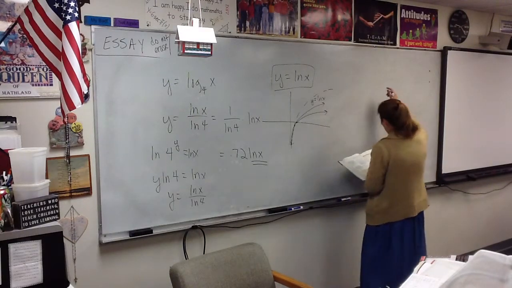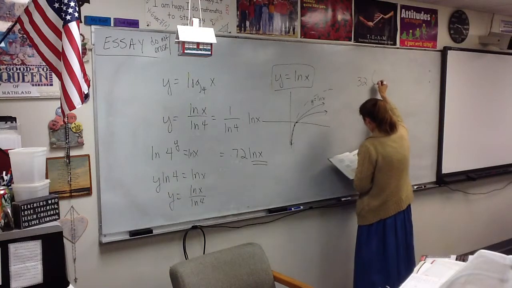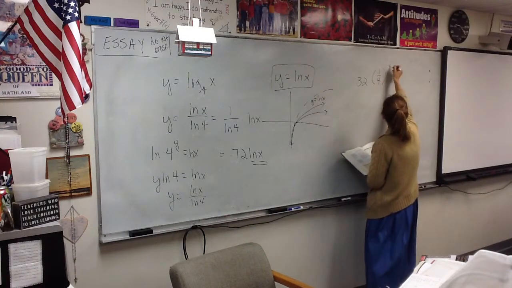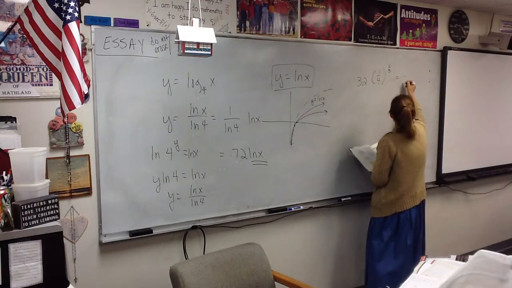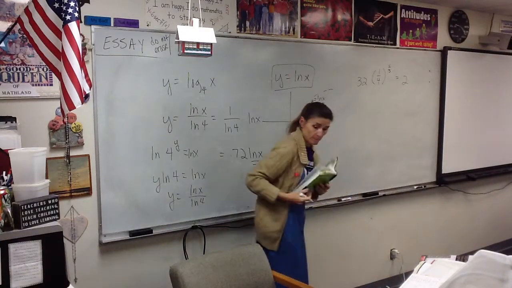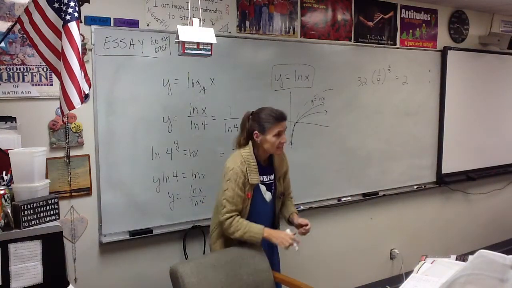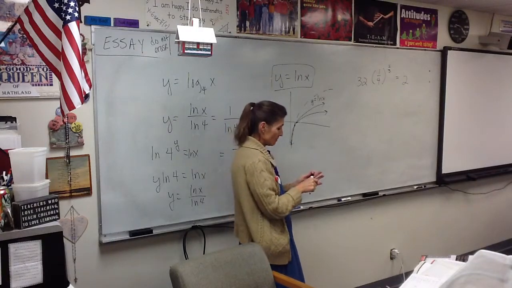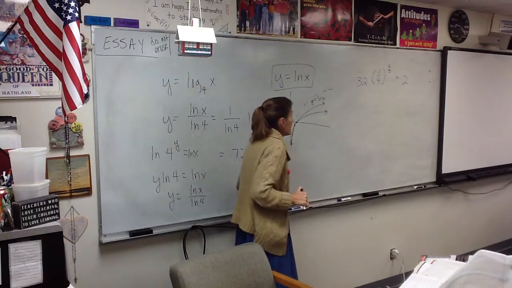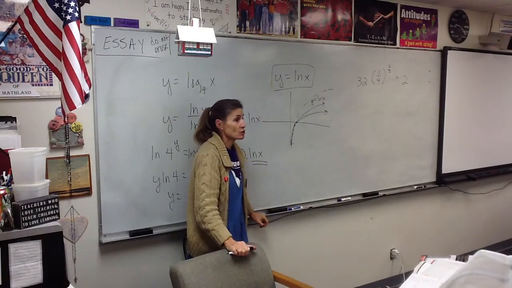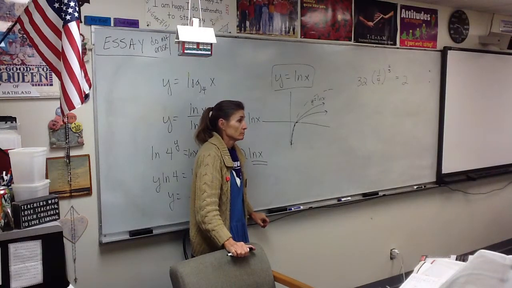Let's look at a big scary problem like number 2. This is a frightening problem. This is a no calculator problem. Any ideas how we might start this no calculator problem? You should know how to start it.